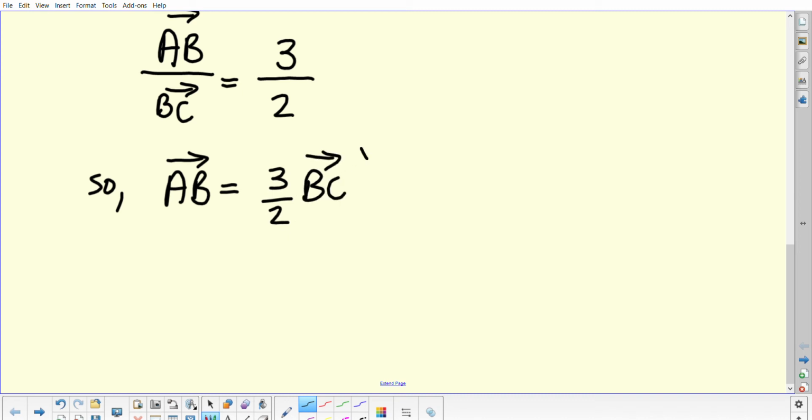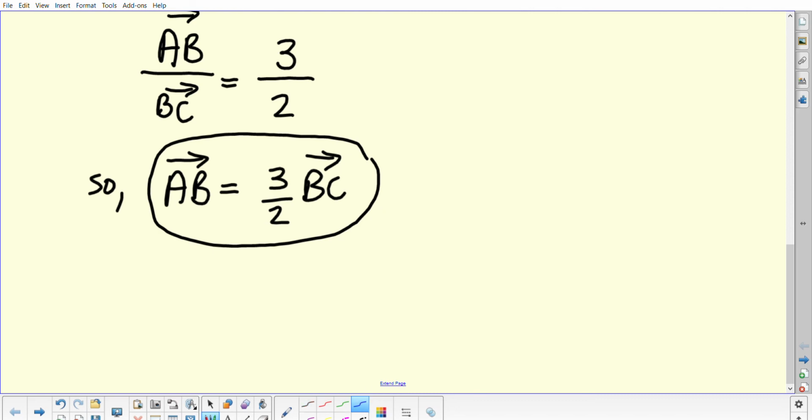Because you've now written one vector in terms of the other one with a multiple involved, that automatically means that they're parallel.